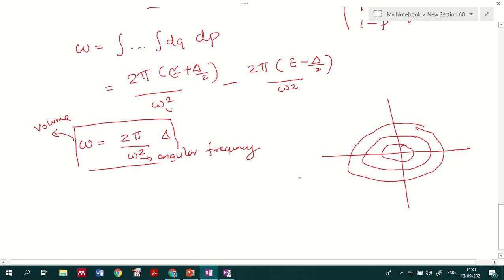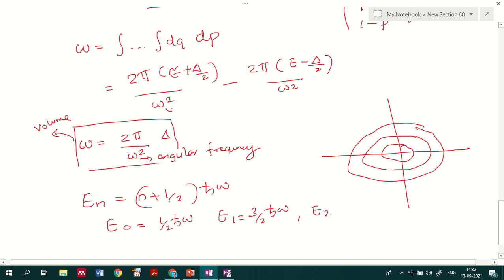When the energy is quantized in this state, we know that En equal to what? (n plus half) h cross omega is the quantized energy state. Where E0, that is n equal to 0, is half h cross omega, and E1 equal to 3 by 2 h cross omega, and E2 equal to 5 by 2 h cross omega, like that.